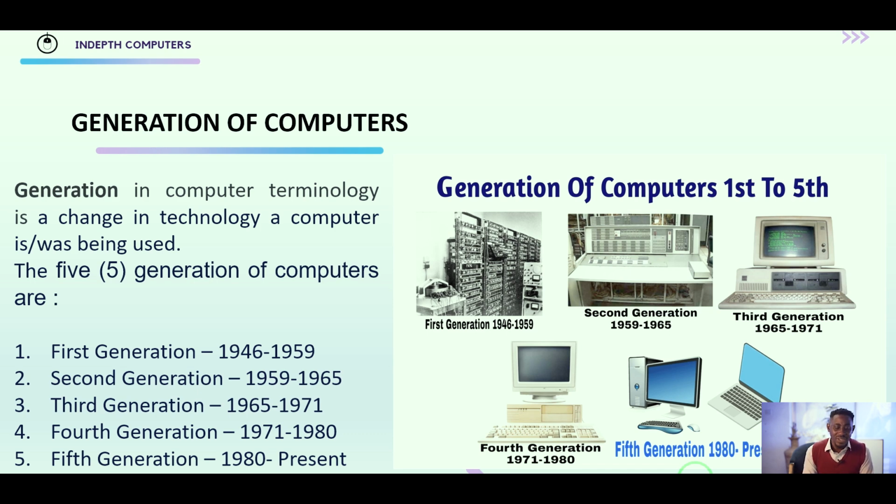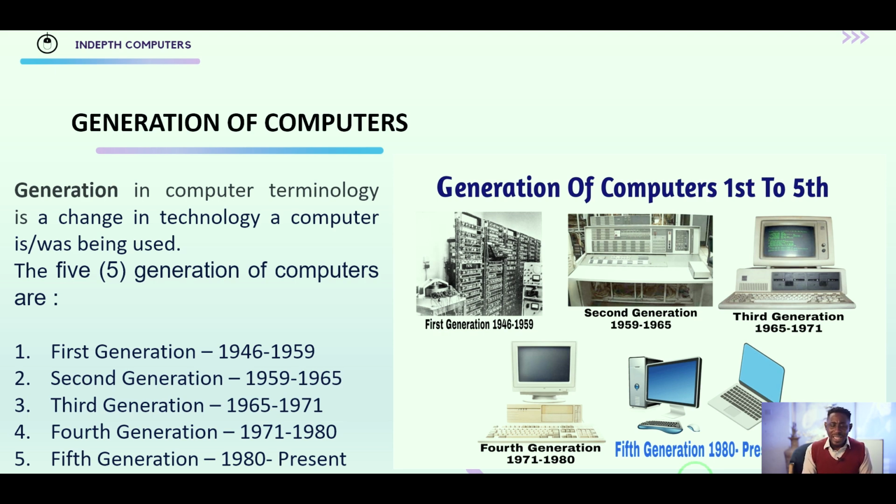We have the first generation of computers that was invented from 1946 to 1959, where we have computers that are large, that are in one big room, and then you need professionals to handle it, and not just one person. Some of these computers generated so much heat. Then they moved to the second generation of computers, which was an advancement of the first generation. From that, we moved to the third generation, to the fourth generation, to the fifth generation.